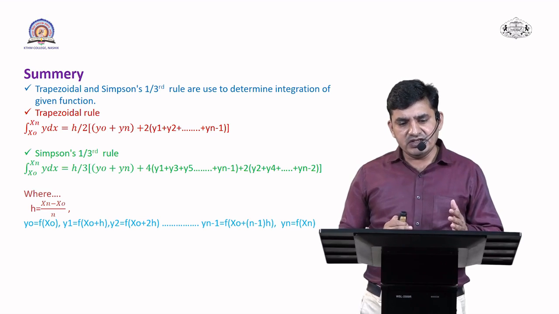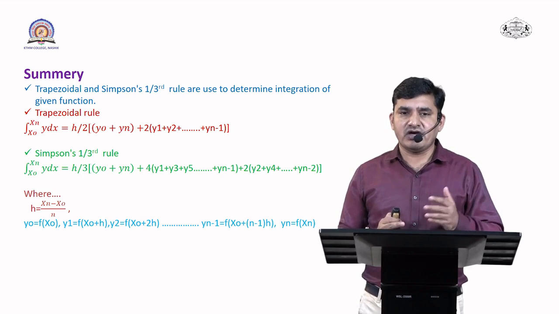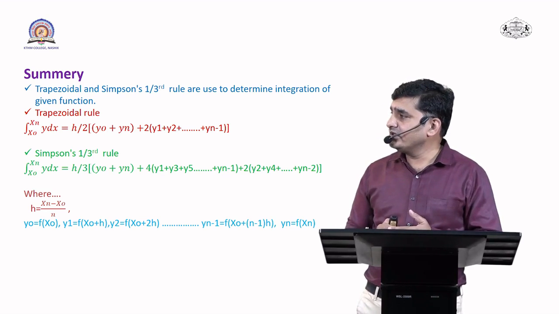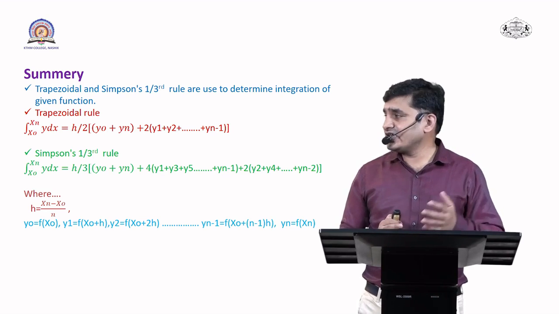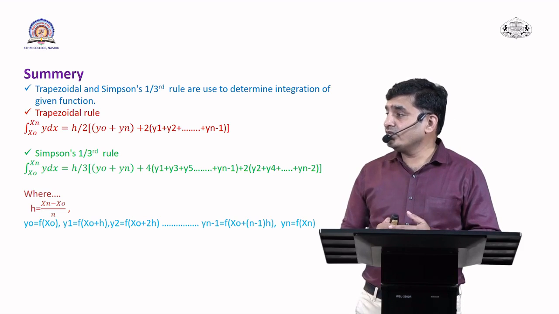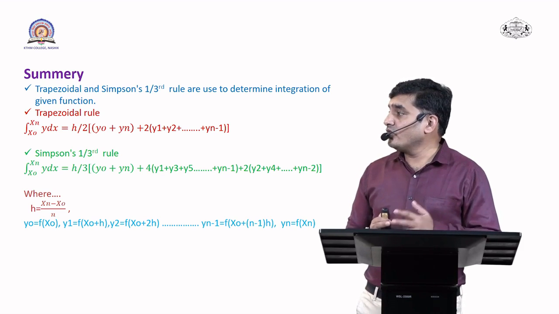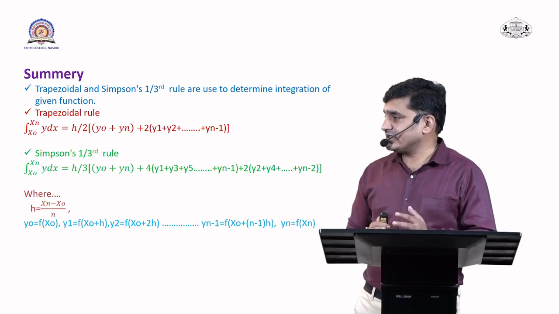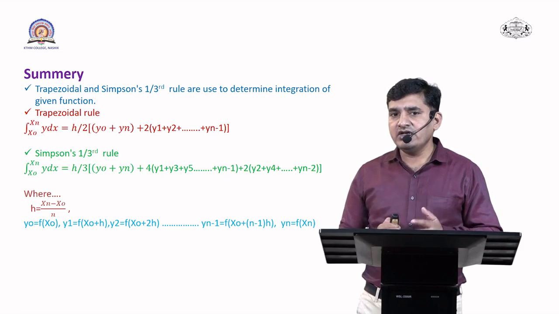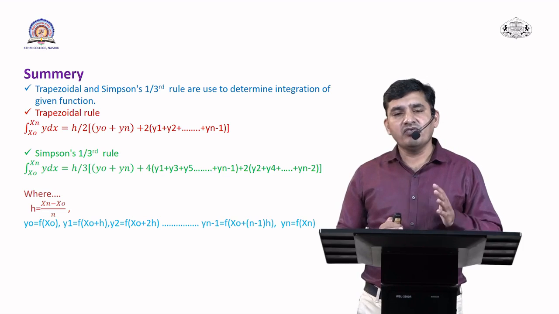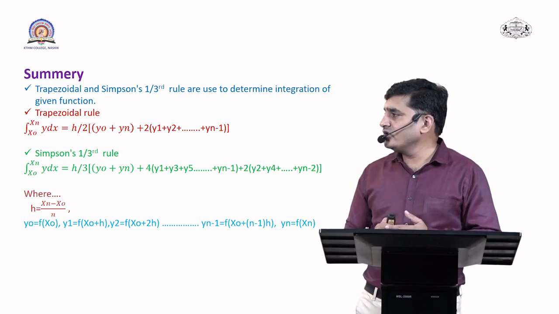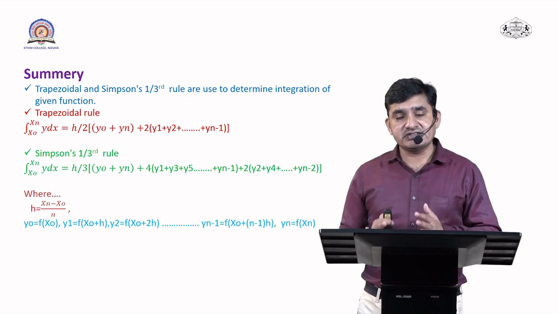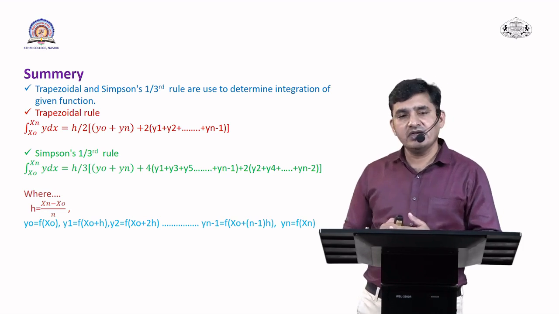Here x0 is the initial value or lower limit, xn is the upper limit, h is the step size, y0 means f of x0, yn means f of xn, y1 means f of x1, y2 means f of x2, and yn minus 1 means f of xn minus 1.